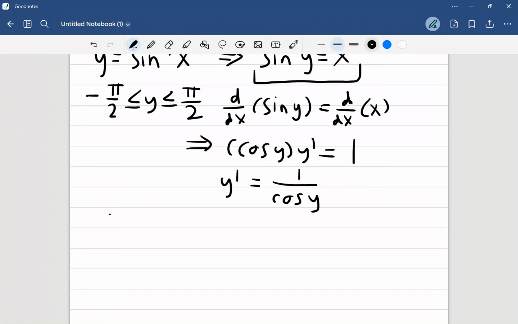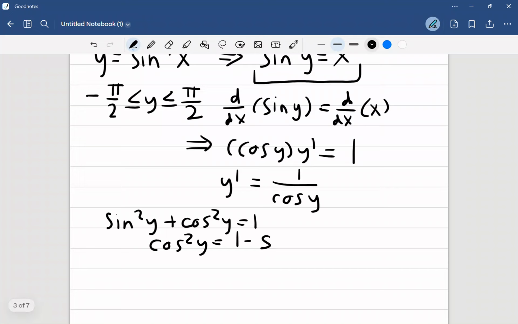And recall that sine squared y plus cosine squared y is equal to 1. If we subtract sine squared y from both sides, we get cosine squared y is equal to 1 minus sine squared y. Taking the square root of both sides, we get cosine y is equal to the square root of 1 minus sine squared y.